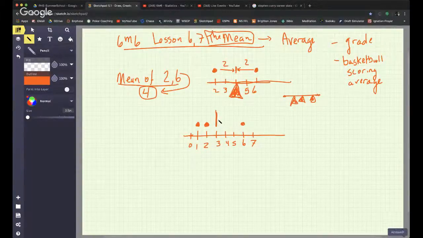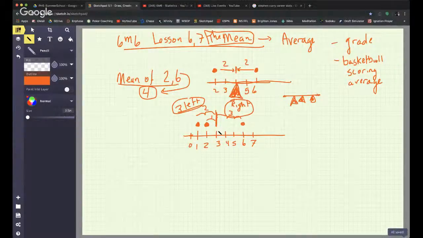Up here we counted 2 units to the middle on each side. Here, on the left side, we count 1 for this one and 2 for this one, so that's 3 to the left. And over here we have 3 to the right.